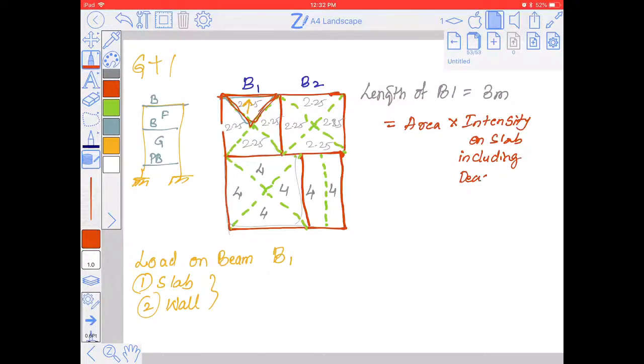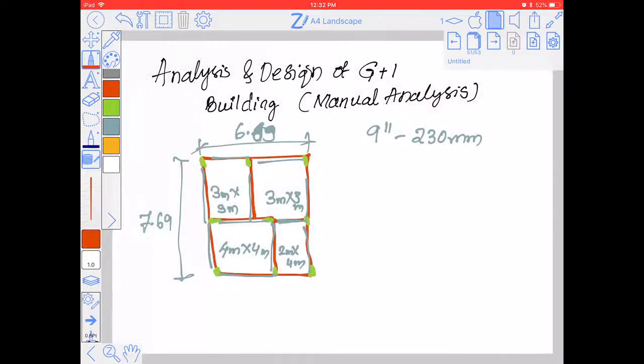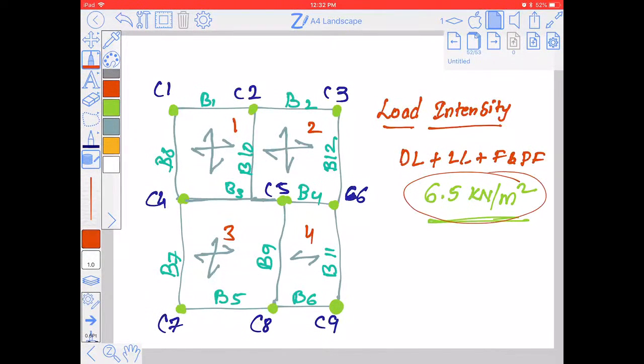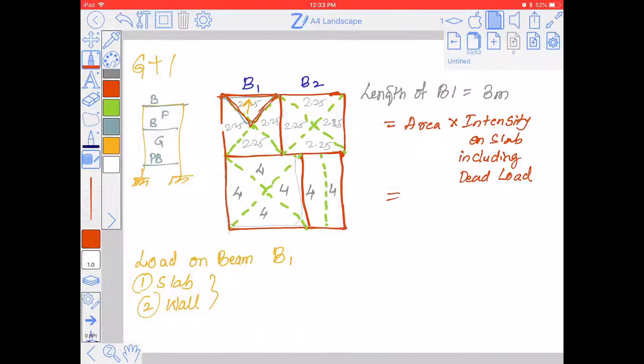dead load. That means already we have taken it. Here we have taken the intensity on the slab as 6.5 kilonewton per meter square, right? So the area is 2.25 into intensity 6.5.